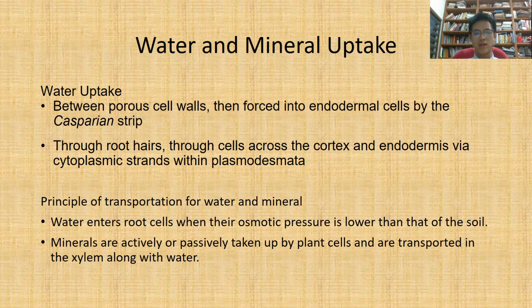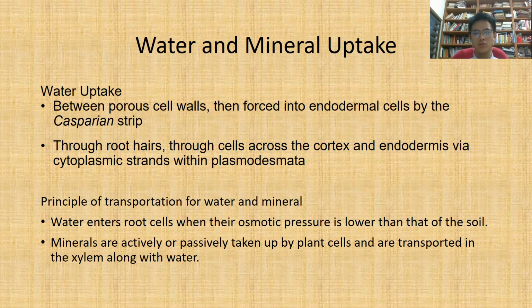Next, we will look at the general principle of transportation of water and minerals. For water, the general transportation method uses the concept of osmotic pressure. Water will enter the root cell when its osmotic pressure is lower than the soil's. Usually the concentration of salt in the root hair is 100,000 times greater than in the soil.